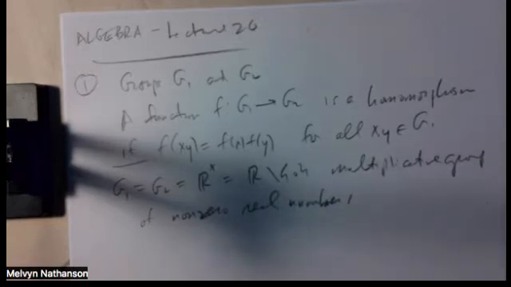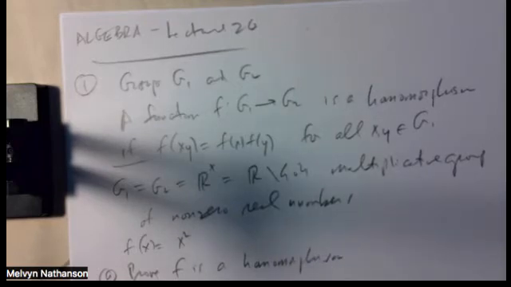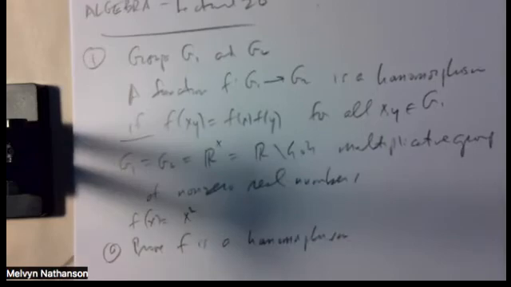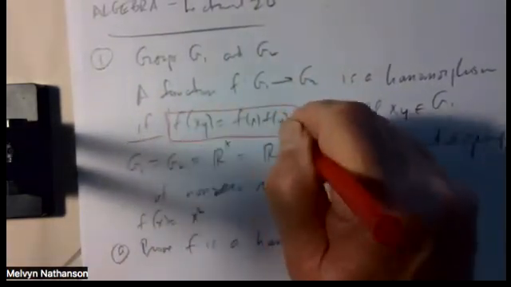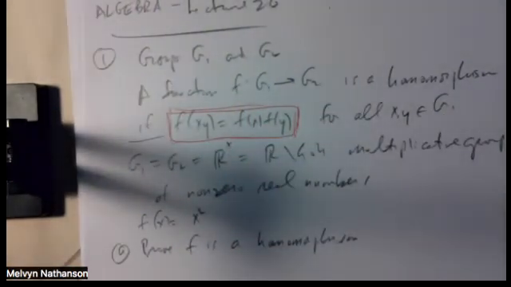The group operation is just ordinary multiplication. And f of x is x squared. Part A is to prove f is a homomorphism. So that means we have to prove that this relation is satisfied for all non-zero real numbers x and y.